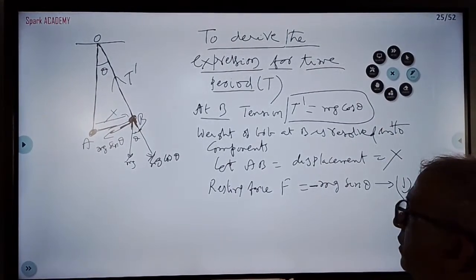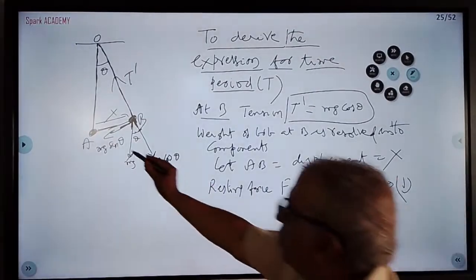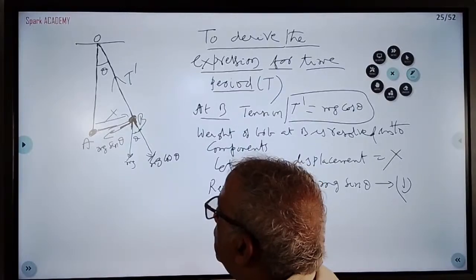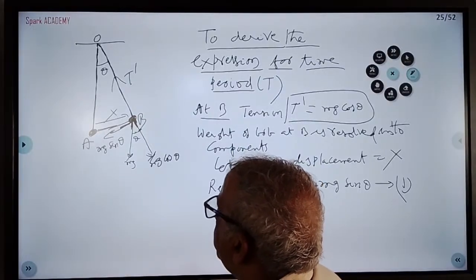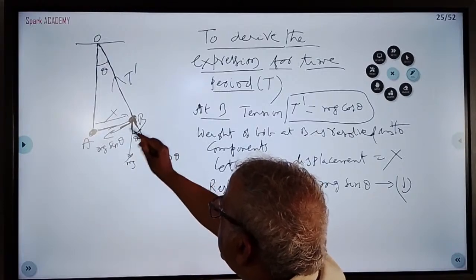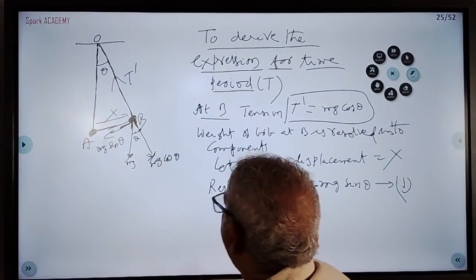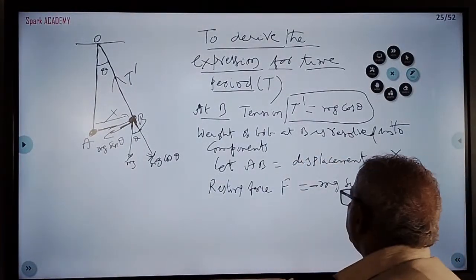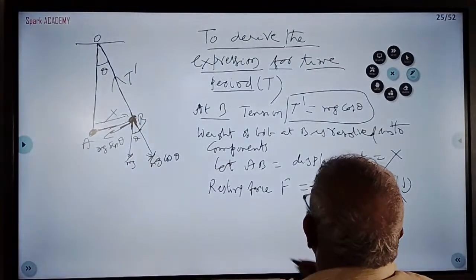Restoring force is nothing but minus mg sin theta. This is called restoring force. A is called mean position, B is the position other than mean position. Bob always tries to reach the mean position. When you pull by displacement X, A to B, it tries to come back to A. Restoring force is minus mg sin theta. Theta is very small. You can take it for small angles.